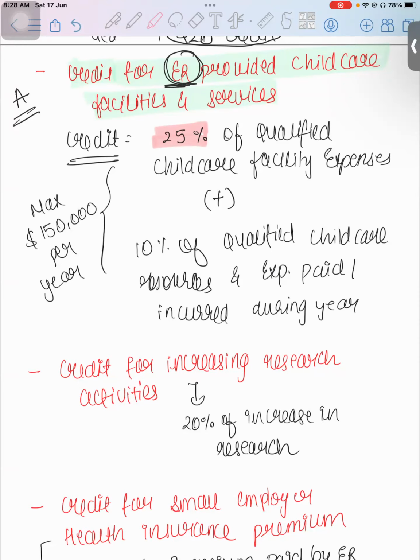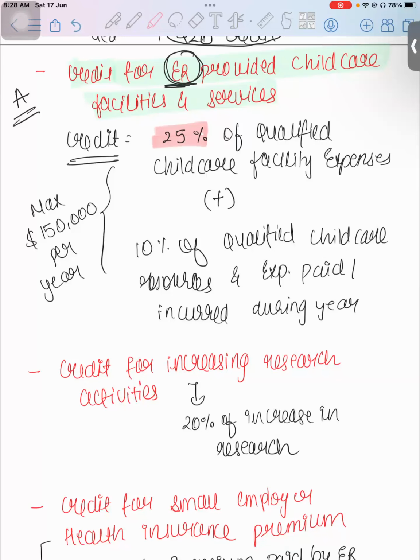Let's say when the child goes to the childcare facility, the fixed fees the employer is paying is $1,000, and along with that he's also paying extra for lunch, books, toys and everything.